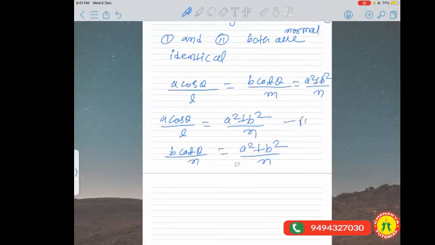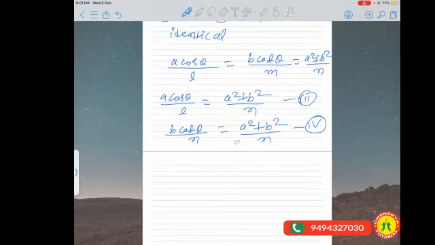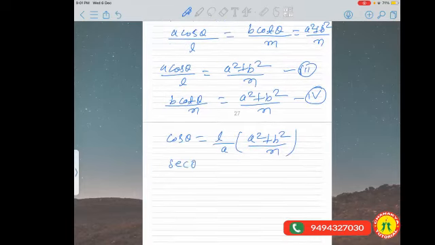This is third equation and this is fourth. And now we get cos theta is equal to l by a times (a square plus b square) by n. Now sec theta will be reciprocal: a by l times n by (a square plus b square).